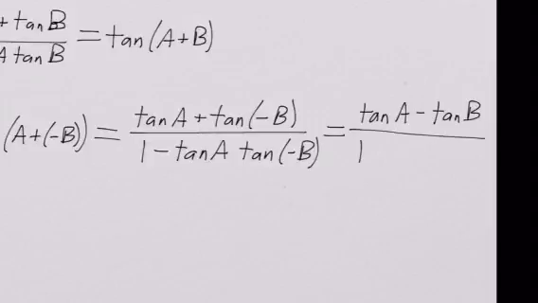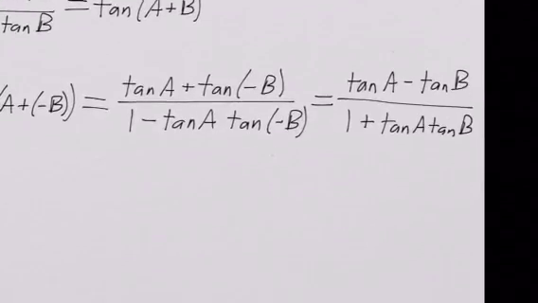So I need the negative tangent of B, but I'm multiplying that by the negative tangent of A, so that's going to become positive tangent of A tangent of B. And again, that equals tangent of A minus B.